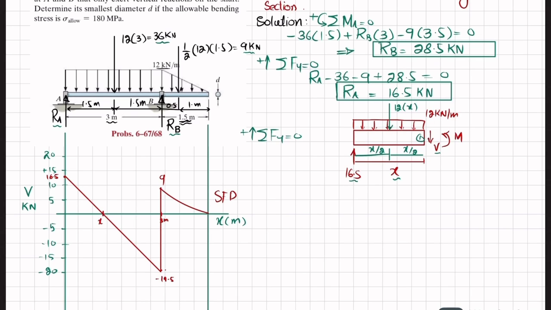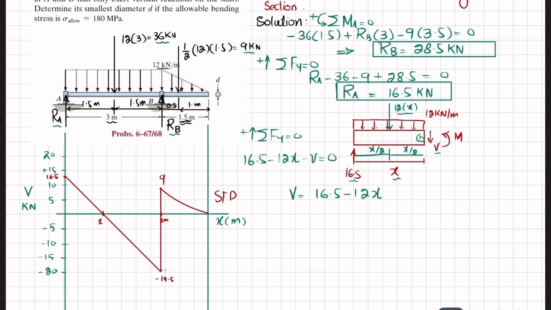So you can see 16.5, which is acting upward, minus this 12x, that load is downward, and minus V is equal to 0. So from here V will be equal to 16.5 minus 12x.